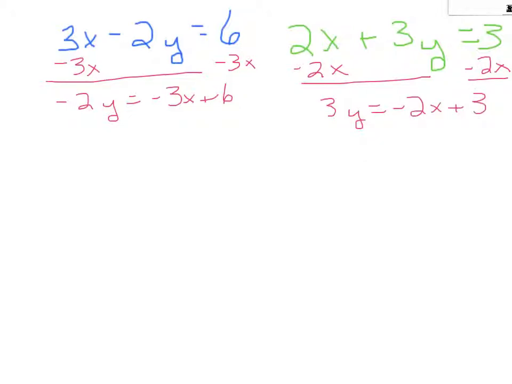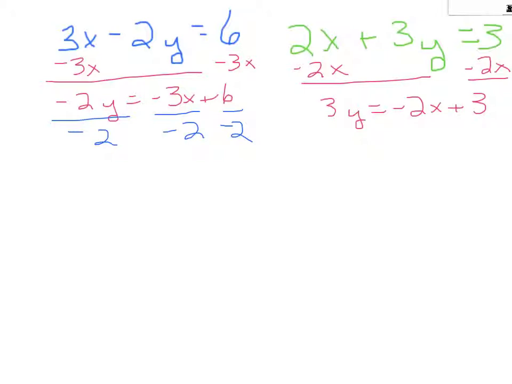Okay, let's look at our left equation again. Now we have to get y by itself, so we divide both sides by what's in front of y, and that means we divide every term by that number, and it's going to be negative 2.